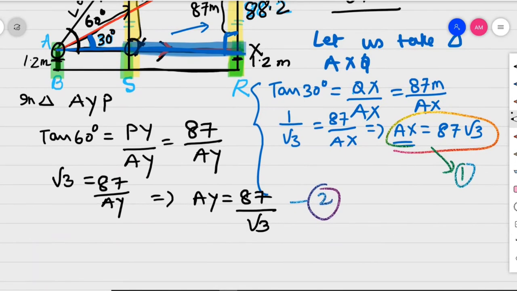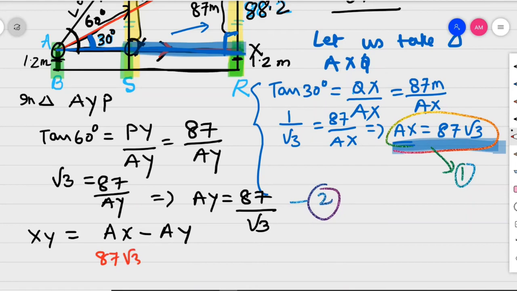So XY is equal to AX minus AY. What is your AX? From here, AX is equal to 87 root 3. So, 87 root 3 minus, and from here, AY is equal to 87 by root 3.